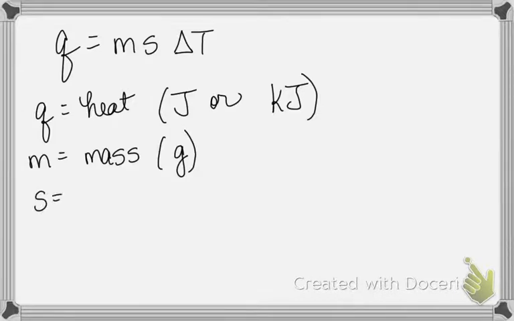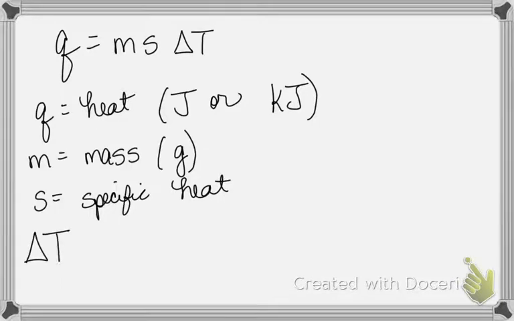S is specific heat, and I'm going to talk more about that in just a moment on the next slide. And what is delta T? Delta means change in, T is temperature. So this is the change in temperature. And you know that to measure a change, you have to subtract numbers.